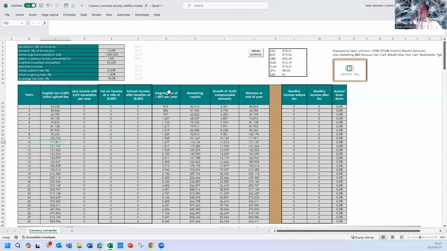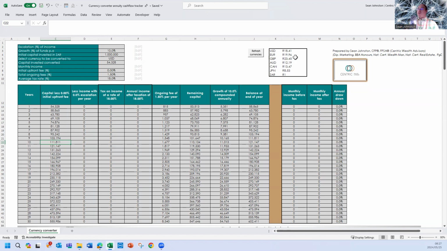Let's say it was 20 rand to a US dollar, then you're going to be multiplying that by 20. And that's when the numbers start really making sense by investing offshore, because there are two elements. There's the growth offshore in the funds that you're in, and secondly, it's the appreciation of the exchange rates.